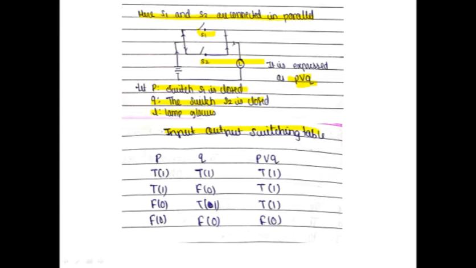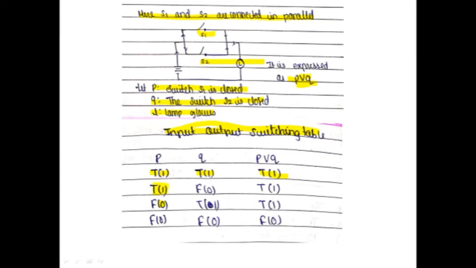This is the input-output switching table. Let 1 mean the switch is on or closed, and 0 mean the switch is off or open. Let's study the output and input switching table. If the switch S1 is closed and switch S2 is also closed, then current passes through, so the value becomes true.